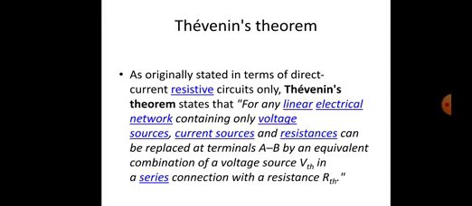As originally stated in terms of direct current resistive circuits only, Thevenin's theorem states that any linear electrical network containing only voltage sources, current sources and resistance can be replaced at terminals A to B by an equivalent combination of a voltage source VTH in a series connection with a resistance RTH.